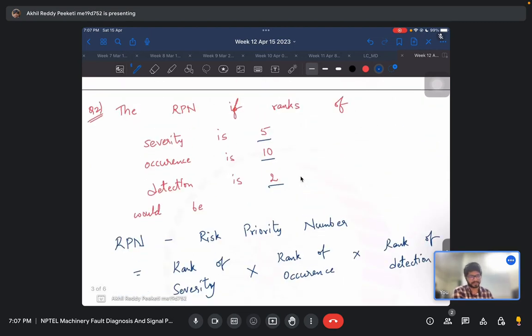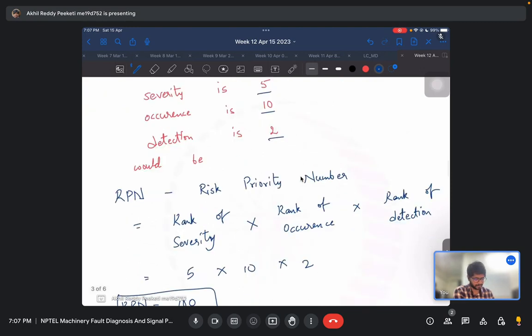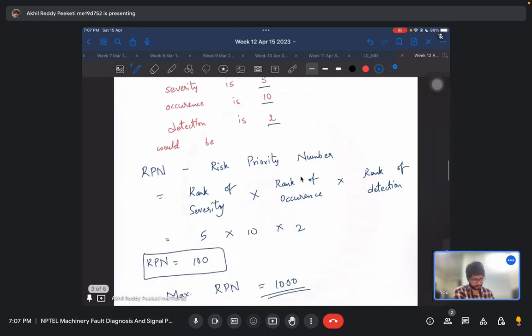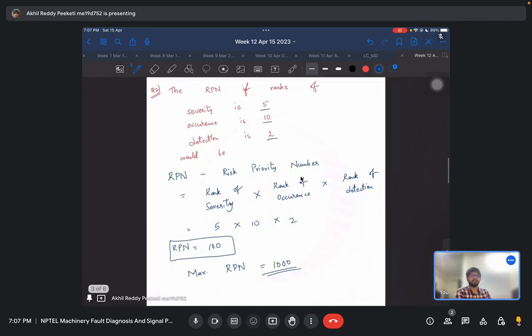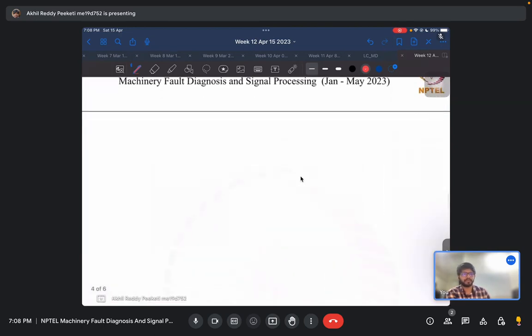It has very high risk, so you have to prioritize maintenance for that machine. Let's move to the next question.